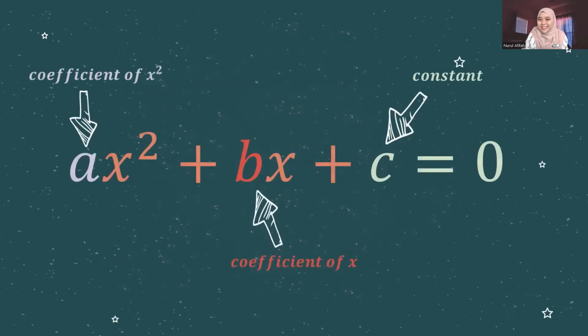What is this? Yes, correct. This is the standard form for quadratic function, which is ax squared plus bx plus c equal to 0.